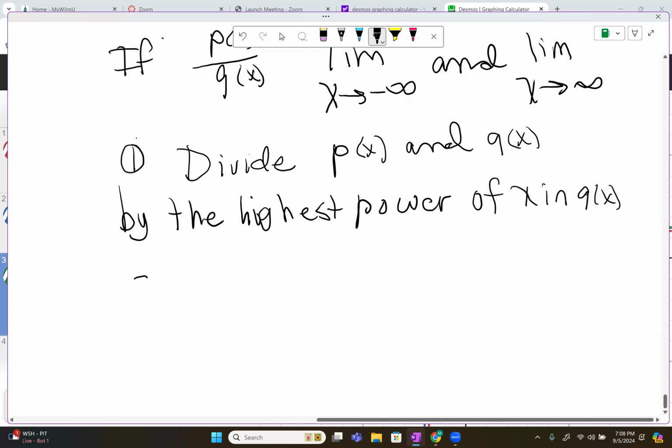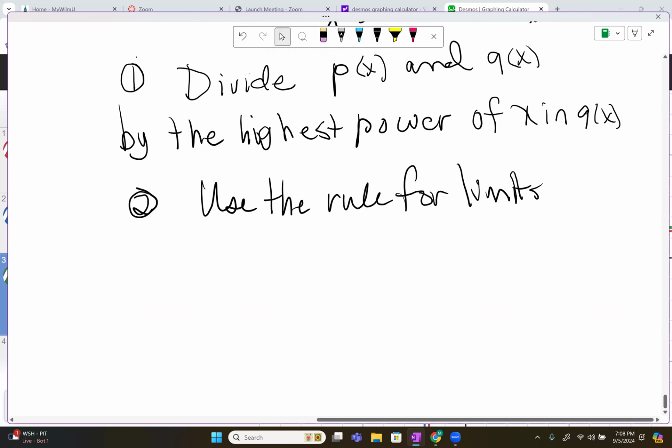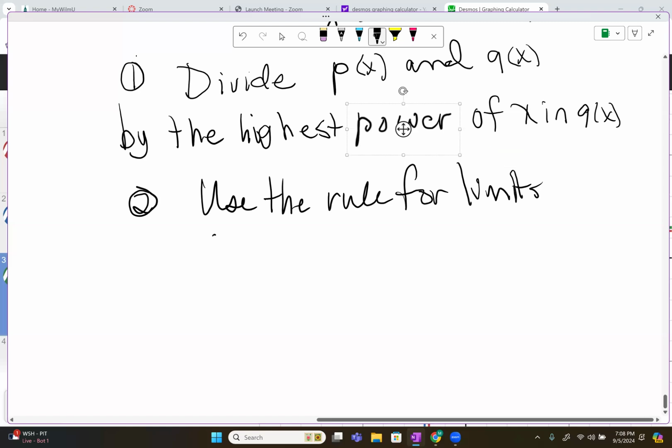And number 2, use the rules for limits, including the rules for infinity. So in this case, the limit as x approaches infinity of 1 over x to the nth is equal to 0.